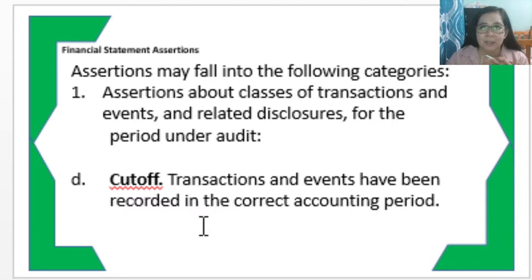Another is cutoff, meaning all the transactions and events have been recorded in the correct accounting period. So meaning all the transactions that pertain to this current accounting period should be recorded in this accounting period as well, in the books of the entity.